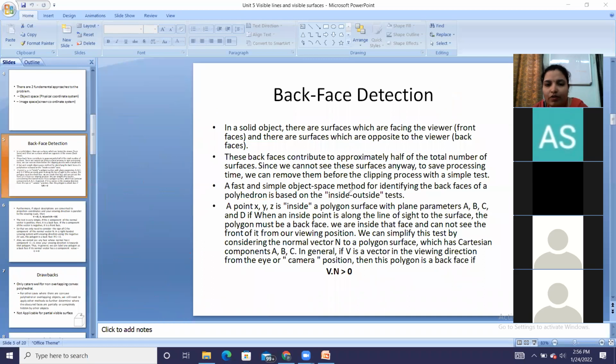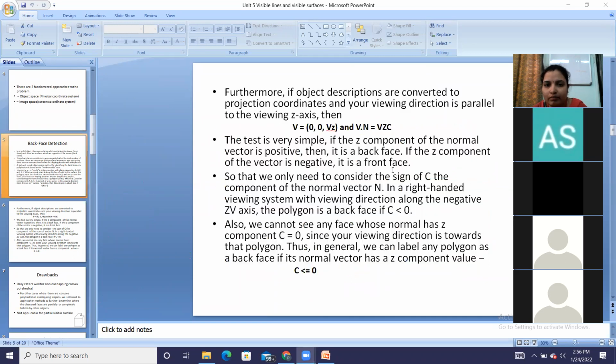So we will see what the drawbacks and the plus points of this algorithm are. If the object descriptions are converted to projection coordinates, then we can say that v dot n is Vz times C. What is the meaning of that?